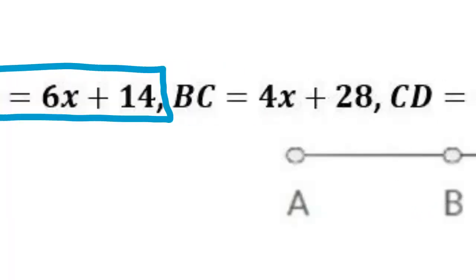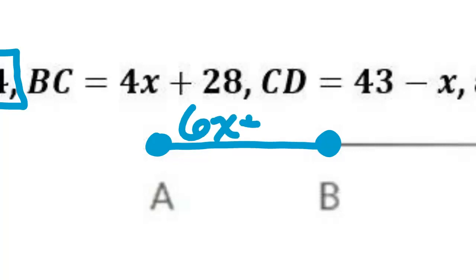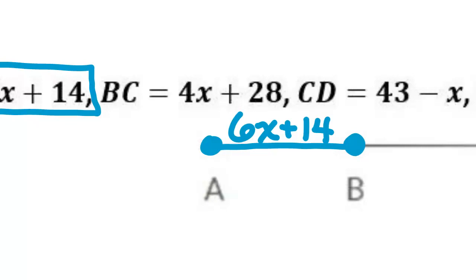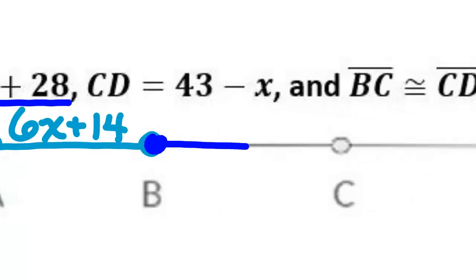Segment AB is 6x plus 14. So from A over to B is 6x plus 14. From B over to C is 4x plus 28.